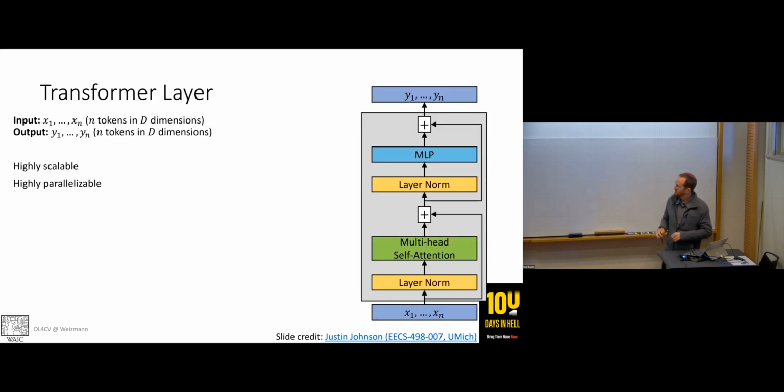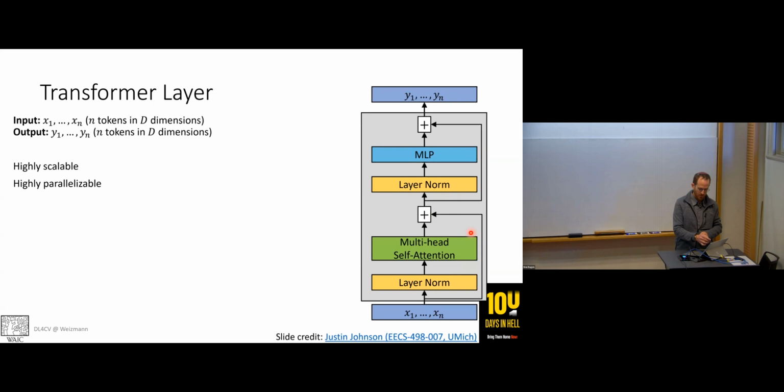And once we have this self-attention layer, we put it in a transformer block. The input to the block is a sequence of tokens. We normalize each token by a layer norm layer that we discussed in the fourth class. Then we compute the self-attention.